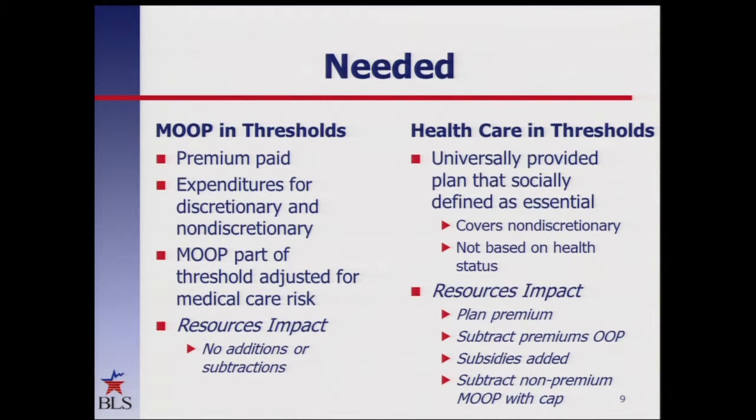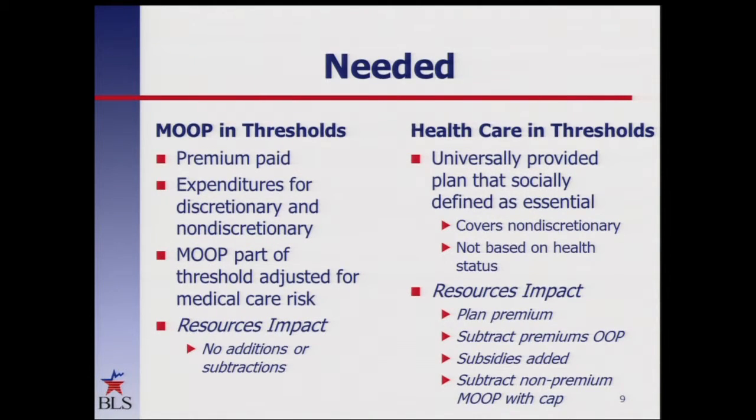For health care in the thresholds, there has to be some universally provided plan that is socially defined as essential. So there has to be a decision by some polity that says health care is a need. Some states have accepted the Affordable Care Act. They say health care is a need. For people at the lower end of our distribution, health care is a need we've identified for people who get Medicaid.